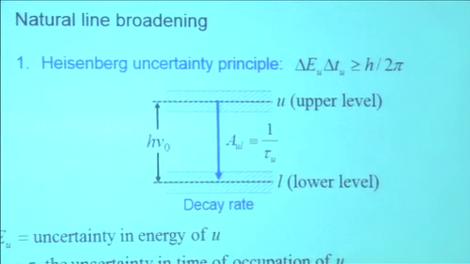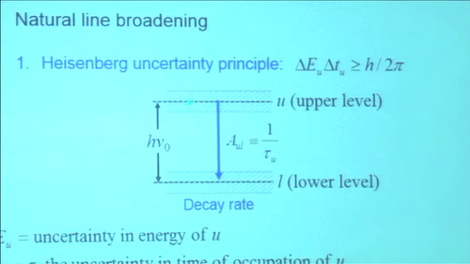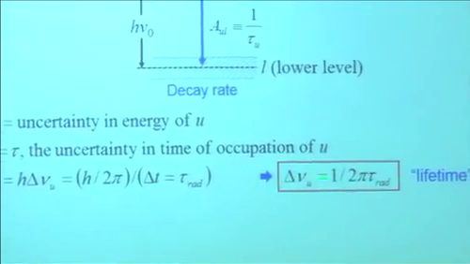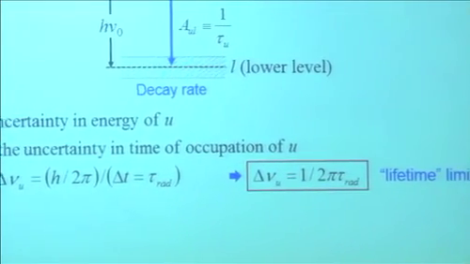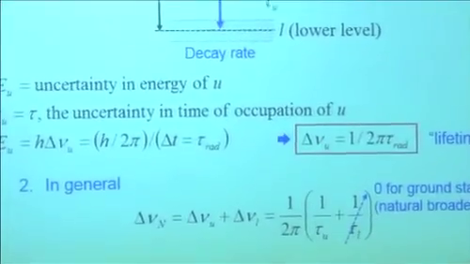So the uncertainty in this energy would be given in terms of the uncertainty in its lifetime, and you get this result. But we have to be a little bit careful. This state has some uncertainty too. So in fact, you have to average those out.